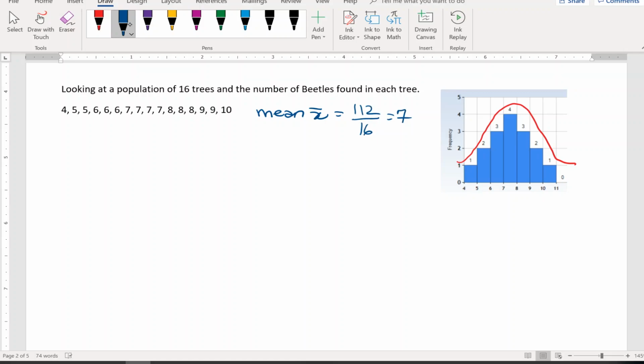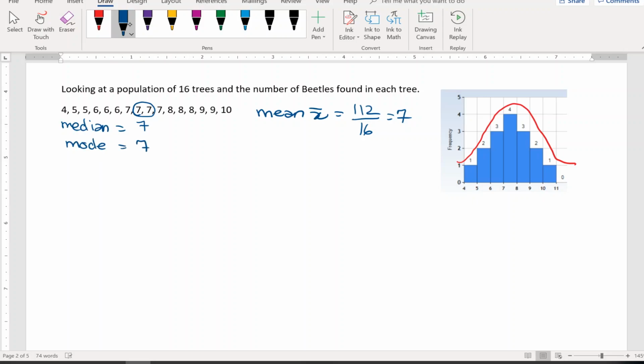Now you'll notice if we look at the middle value, there's an even number here, so these two become our middle value, and our median would also be 7. And 7 occurs the most, so that happens to also be our mode.